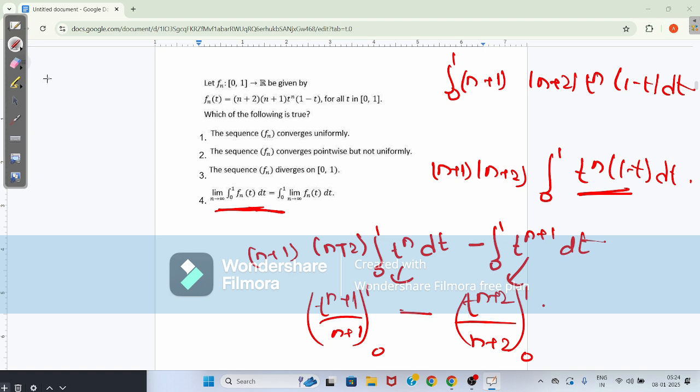Now n plus 1 into n plus 2 into 1 by n plus 1 minus 1 by n plus 2. Okay, this value becomes like this.